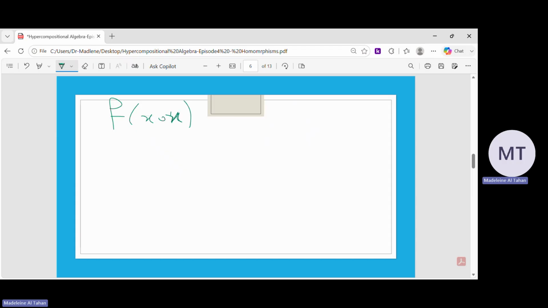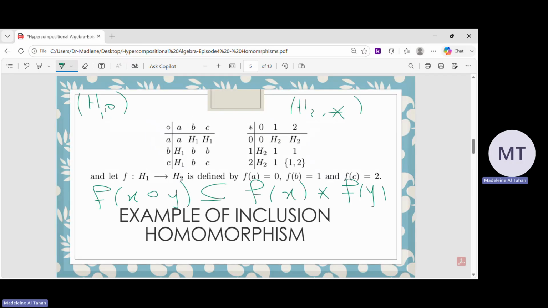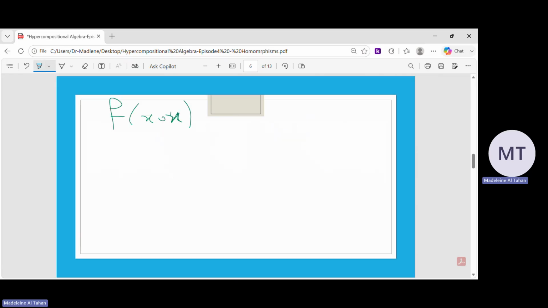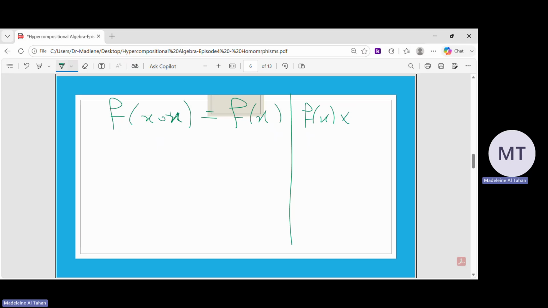f(x round x). If you look here at the diagonal, f(x round x) is the same as f(x). So basically, this one is f(x). Let's compute f(x) star f(x).